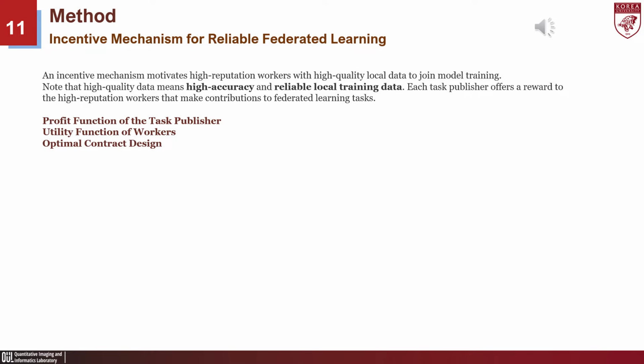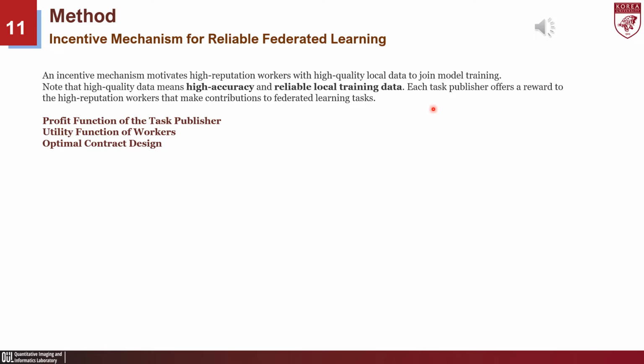After we have the reputation for each worker, we build the incentive mechanism for reliable federated learning. An incentive mechanism motivates the high reputation workers with high quality local data to join the model training. By high quality data, that means high accuracy and reliable local training data.